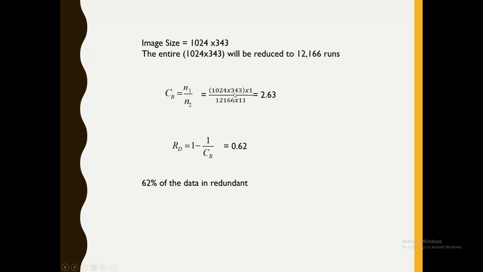So 1024 times 343, with 1 bit per pixel, and this one is 12,166 times 11. So CR comes out to be 2.63. If we calculate RD, its value comes out to be 0.62. That is, 62% of the data is redundant. In that way, we can reduce the interpixel redundancy.